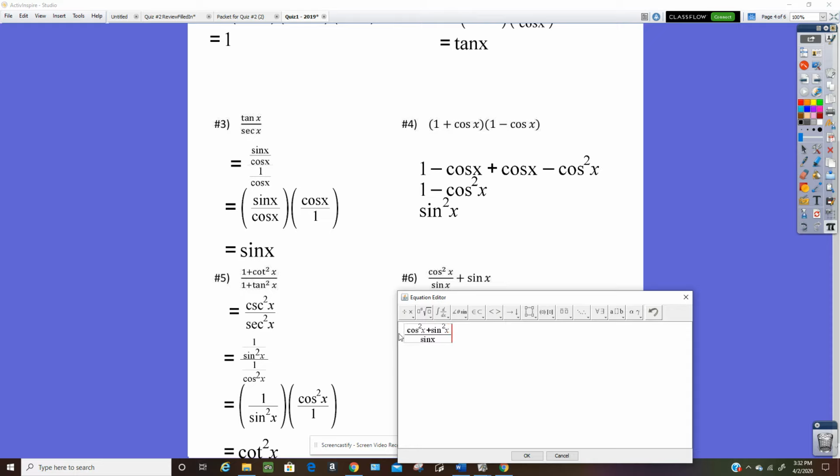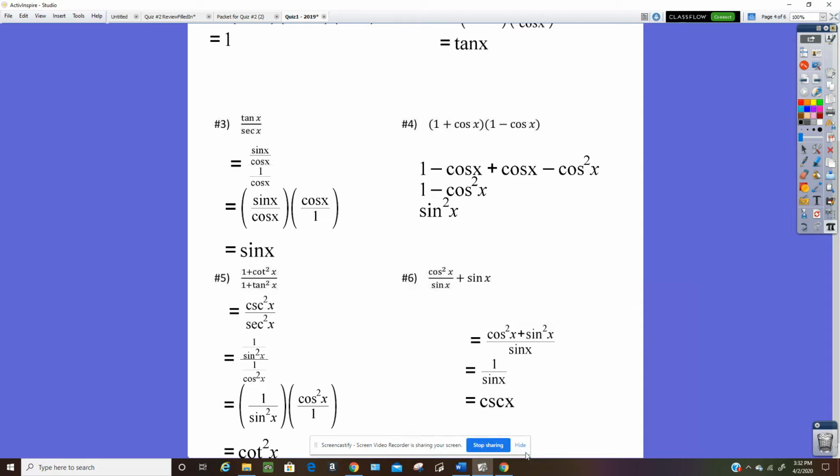The next step would be that the numerator is a Pythagorean identity. Cosine squared plus sine squared is equal to 1. So I replace cosine squared plus sine squared with a 1. The denominator stays as sine x. And 1 over sine x is cosecant x. All right, so that's the first 6 there.